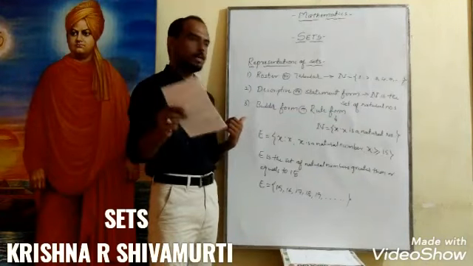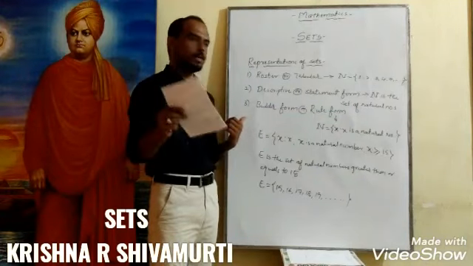The first notation, capital N. If capital N is used in a set, we definitely say it is the natural numbers set. We already discussed this in the number system.